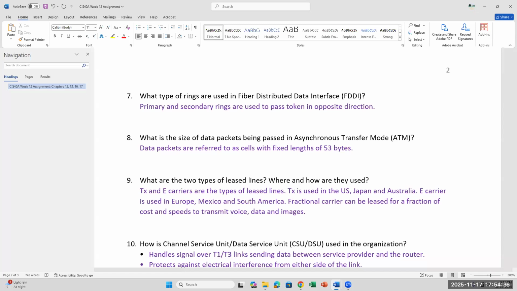And then the fractional carrier can be leased for a fraction of the cost and the speed to transmit voice and data images. And you can also lease a line for a period of time. Some of you might not remember the long distance charges, when you make a call, depending on who you call, that you have to pay for, but it's kind of like paying for data rate these days. So let's say that somebody built a road for you to drive on, but you want to rent that road from 8 a.m. to 5 p.m. And that's what we do for the lease time.